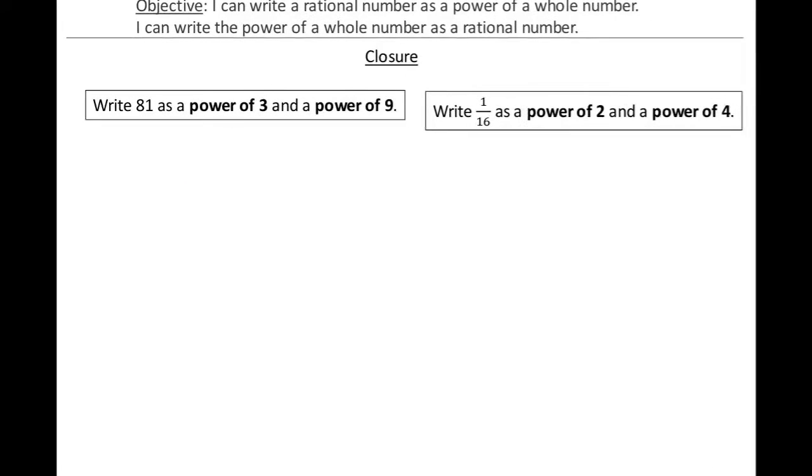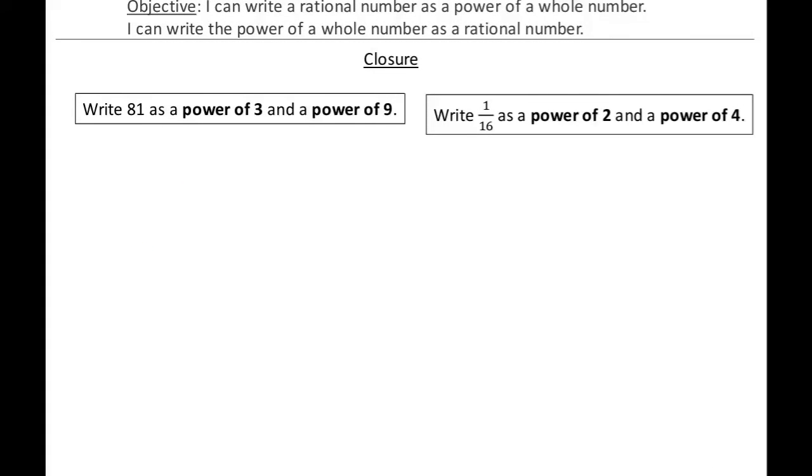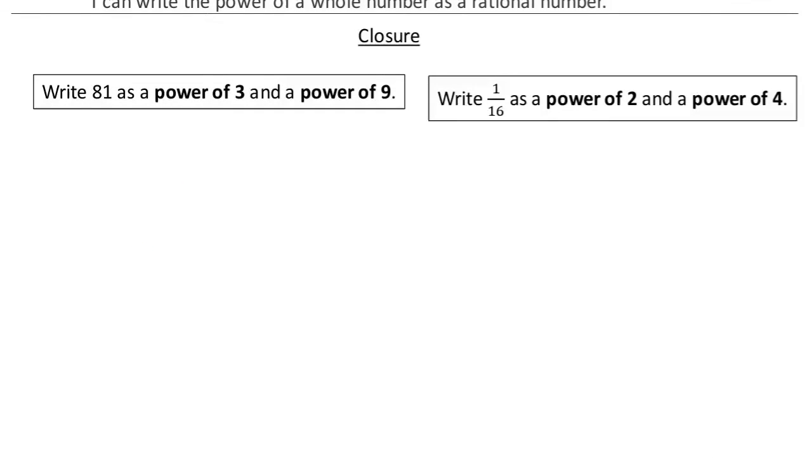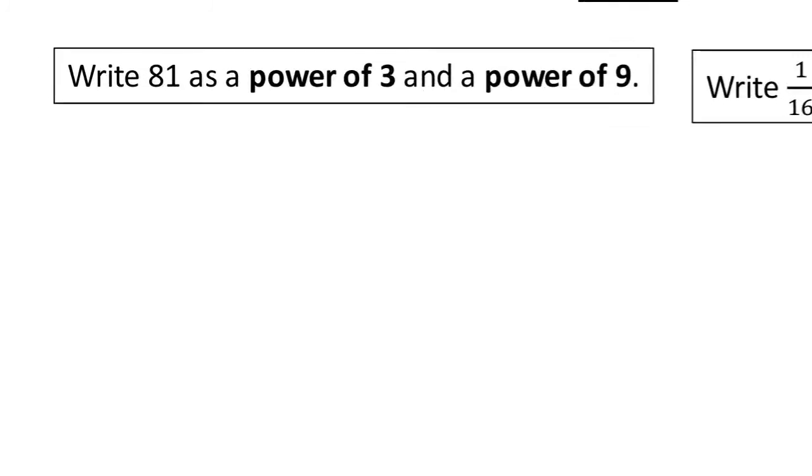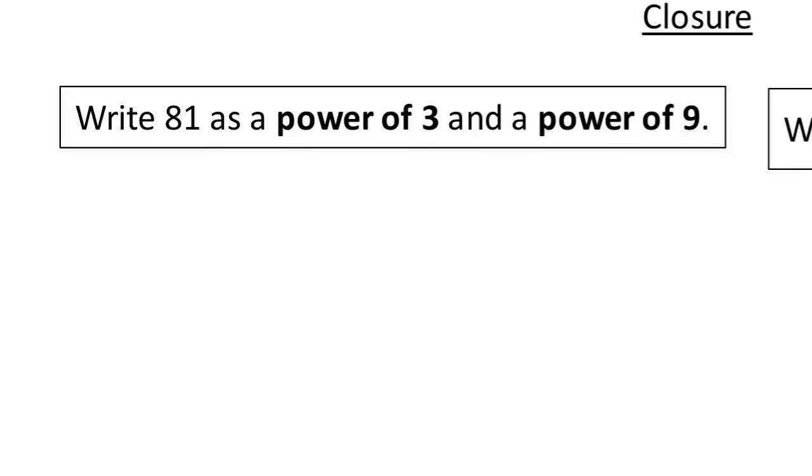The closure, just because I want you guys to notice that some of these can be written in different powers. So for example, the closure says to write 81 as a power of 3 and also as a power of 9. So if I take 81, that's 3 to the what power?